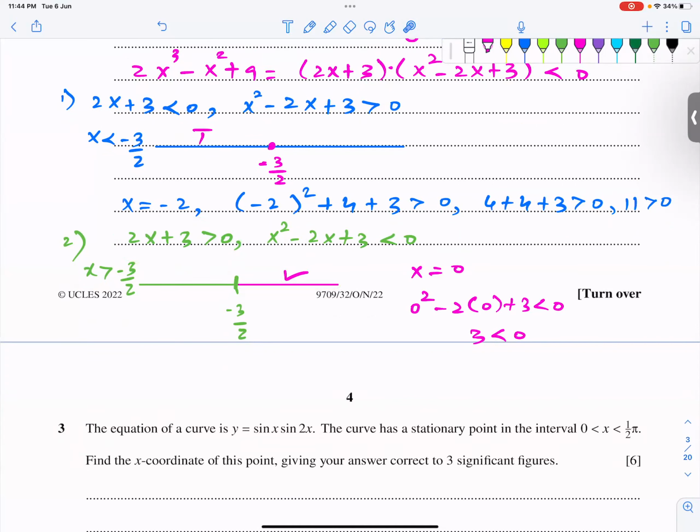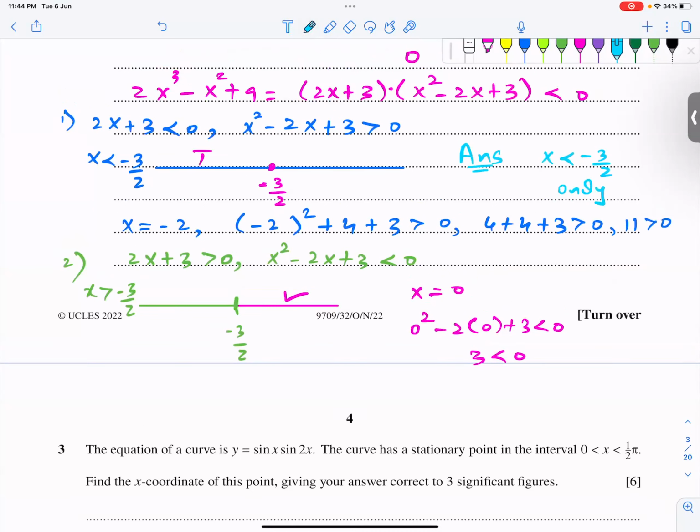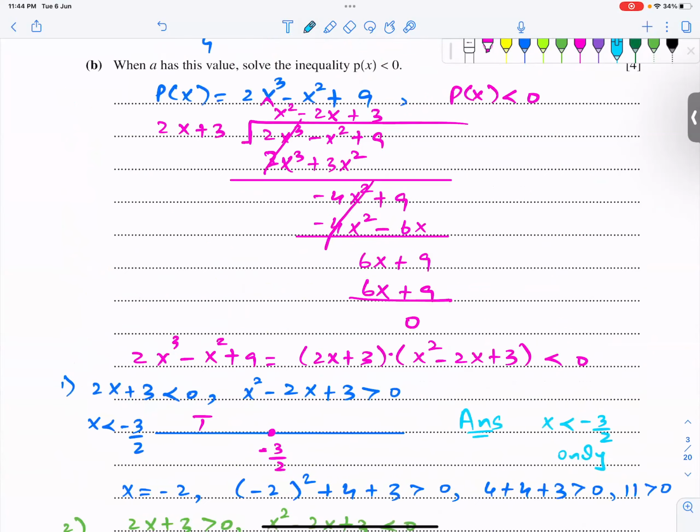So we only consider the first case, and the answer for the first case is x less than negative 3 by 2 only. This is the only solution for this cubic inequality.